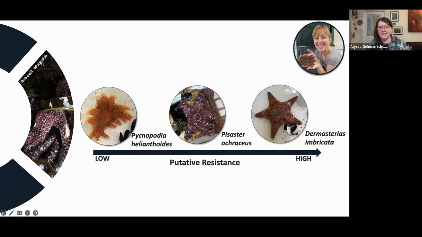Leather stars seem to have actually increased in abundance in many places during the disease outbreak, so they seem to be quite resistant. The ochre stars definitely got wasting disease and had big losses, but seem to have rebounded a little faster. And sunflower stars had the biggest losses and the slowest rebound in populations.